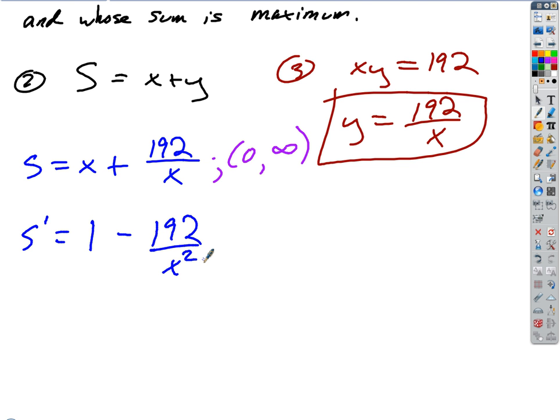Okay, are there any critical numbers? Are there any places in our domain where the derivative is undefined? 0, but 0 is not in our domain, is it? To be continued.